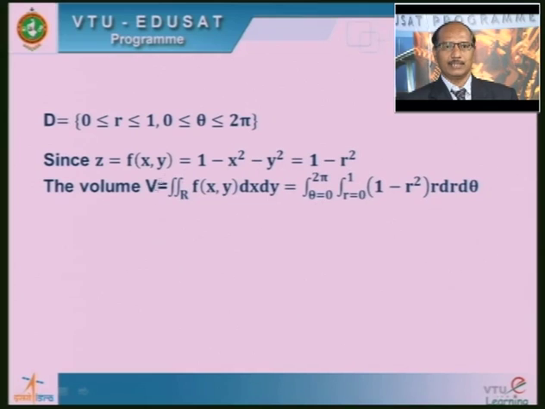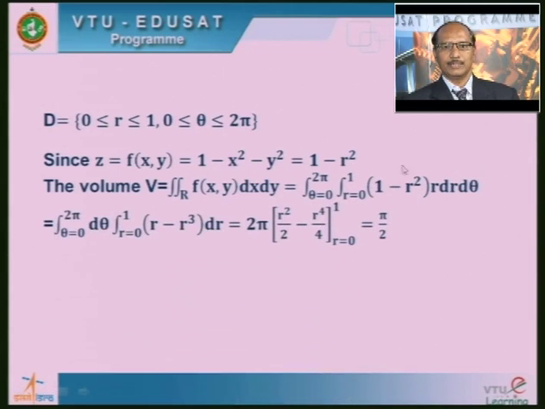The region D is transformed to polar coordinates, with theta from 0 to 2 pi and r from 0 to 1. The function becomes 1 minus r square, and dx dy, as we studied in the last class, is replaced by the Jacobian r dr d theta. Now, integrating one by one.